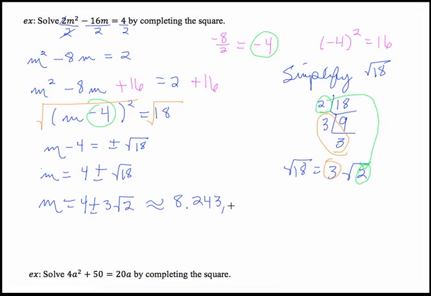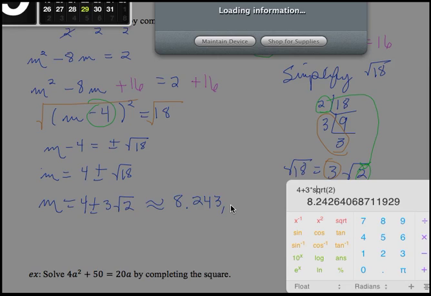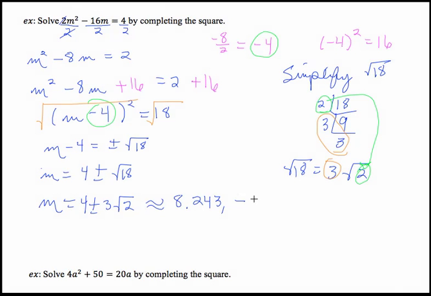Or if I do 4 minus 3 times the square root of 2, that's negative 0.243. Those are two approximations of these two exact solutions. So these are considered exact answers, and those are considered approximate answers. It just depends on the problem and what you're asked for as to which one you want to give.